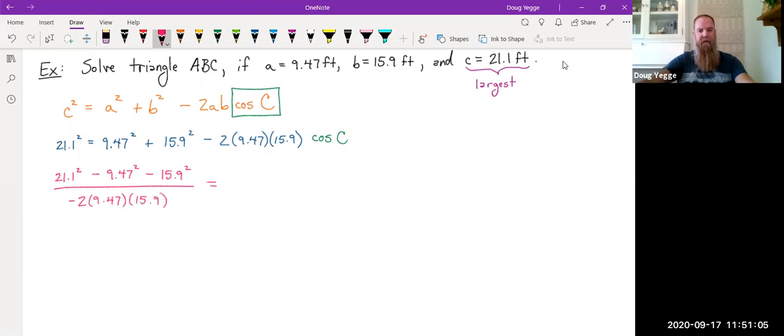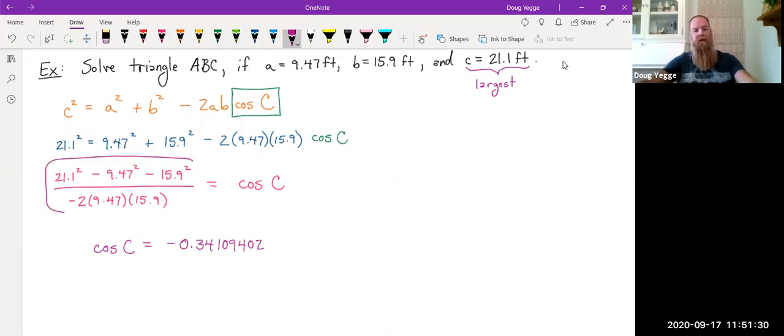And the result of that on your calculator is what the value of cosine of angle C is going to equal. So we should see that cosine of C is equal to negative 0.34109402. Okay, so we get that just by evaluating each of these on our calculator.